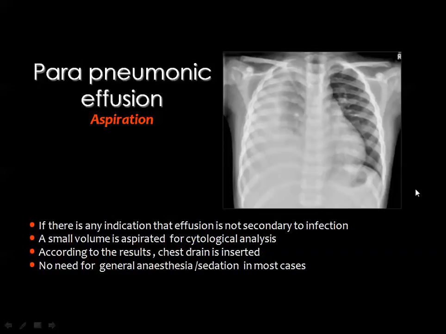Then sometimes with the development of the pleural effusion, there may be a need to drain just this effusion, especially if it is infected. If there is any indication that the effusion is not secondary to infection, a small volume is aspirated for cytological analysis, and according to the results of cytology, we may insert the chest tube.